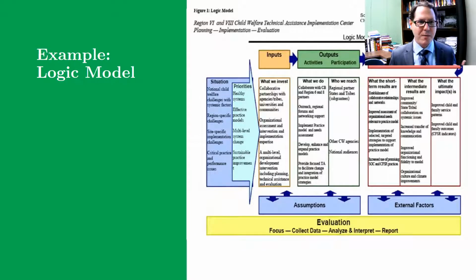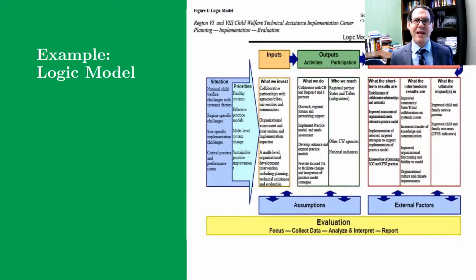It lays out some of the assumptions that you might be bringing to the table in terms of your inputs, right? I'm assuming that my partners that I'm working with are collaborative. I'm assuming that we've got the technical capabilities for all of this that goes into the inputs. We talk about the outputs and the assumptions that are there as well.